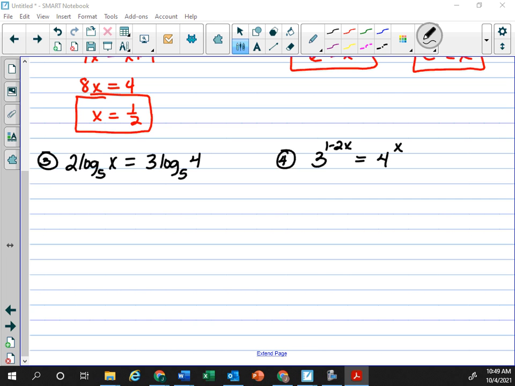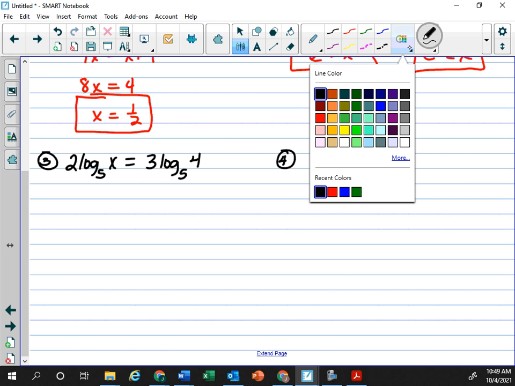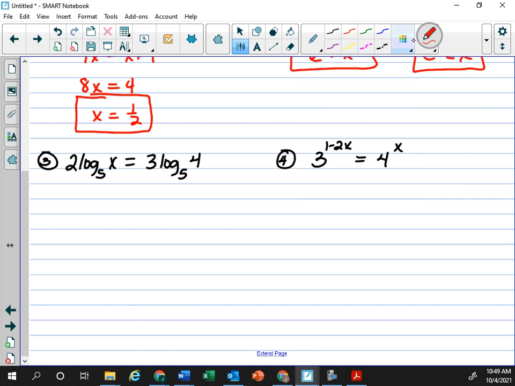All right, let's go through these two. Okay, on number 3 up here, I see that I have a log base 5 on both sides, but I also have these coefficients, so I need to deal with those exponents first. So this is really log base 5 of x squared, and this is log base 5 of 4 to the third.